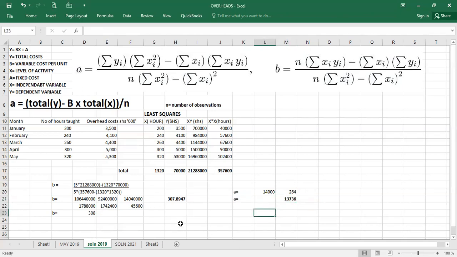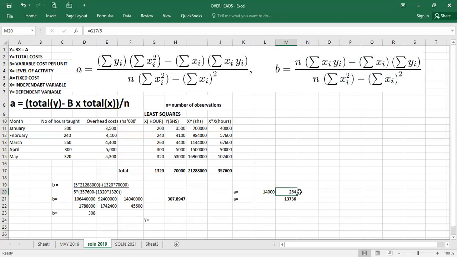We can now try to form the equation of a straight line, which is going to be y equal to, we've got our A. Oh, sorry, here we made a mistake. This one was supposed to be multiplied by our B before we subtract it.